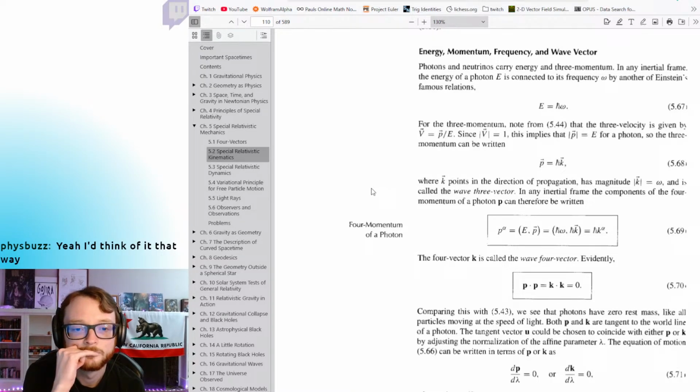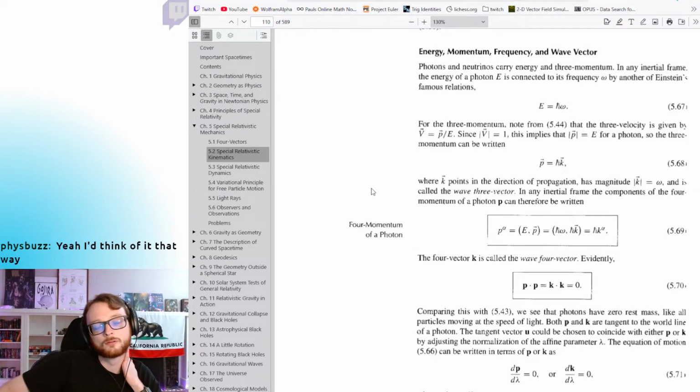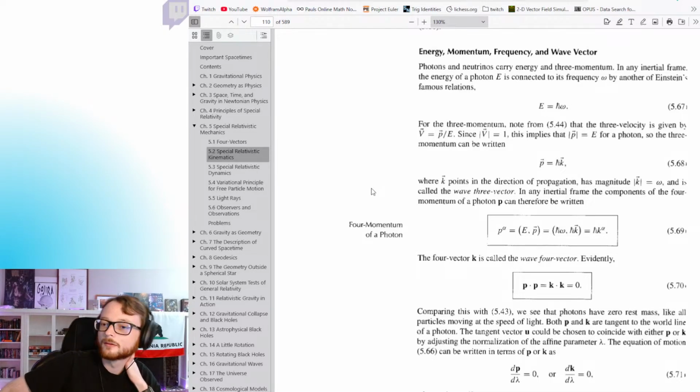Okay, I think I get it. So for 5.67, you were taking the magnitude of both sides. Is that what we're doing? Right, it's a scalar equation. So maybe 5.68, we're taking the magnitude of both sides, and that would give us 5.67. Yeah, 5.67 is the magnitude of 5.68.